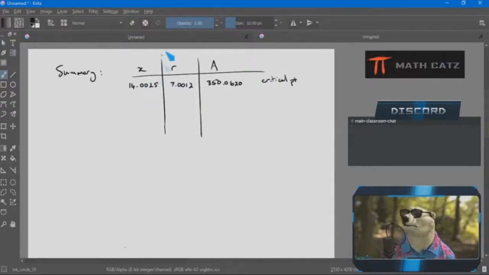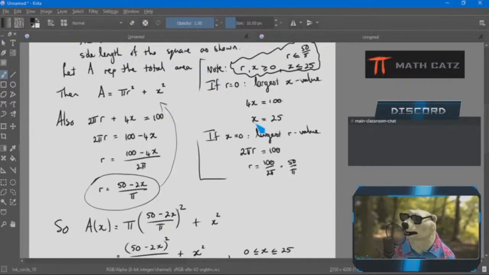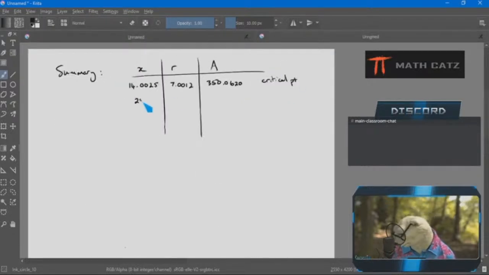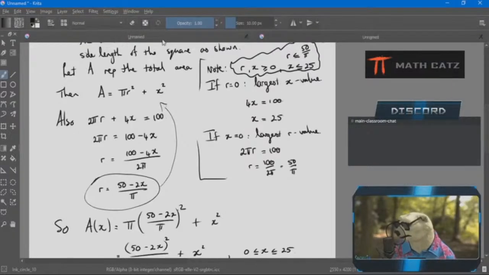I also have to remember to check the endpoints. Now, one endpoint is when R is 0 and X is 25. So 25 and 0. That's the best I can do if I leave the circle and just focus on X, the square.